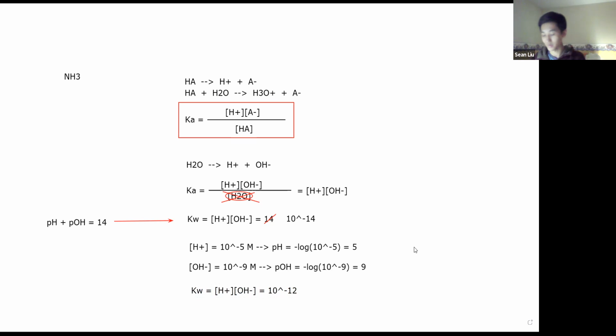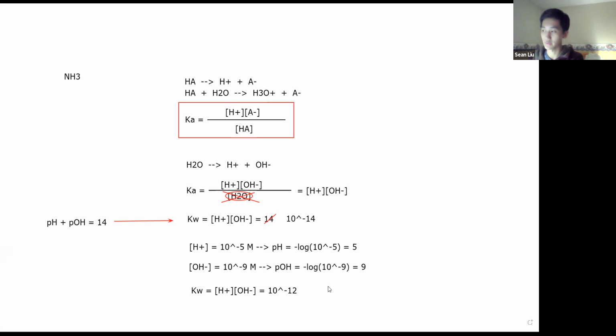It depends on a lot of other factors, more like change in enthalpy, and there's a whole development to it. If you guys are interested, you could search it up. It's called the Arrhenius equation. I'm going to put that in the chat in case you're interested in looking at it later on. Arrhenius equation.